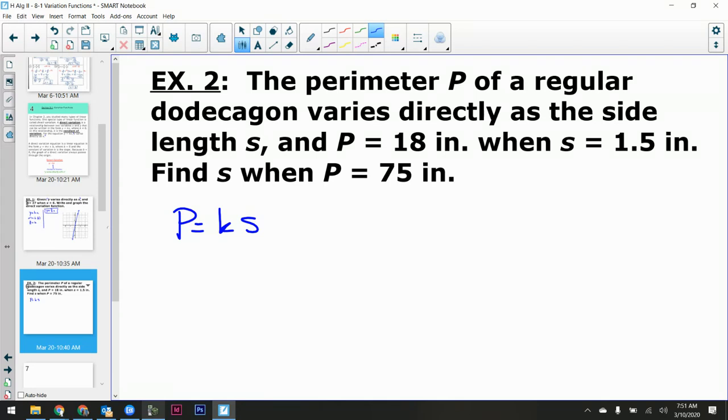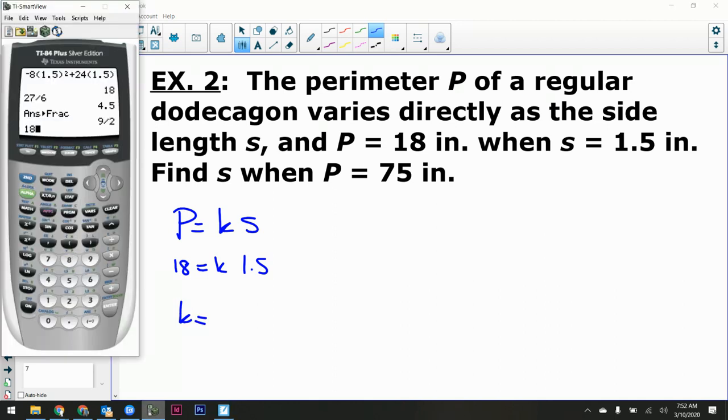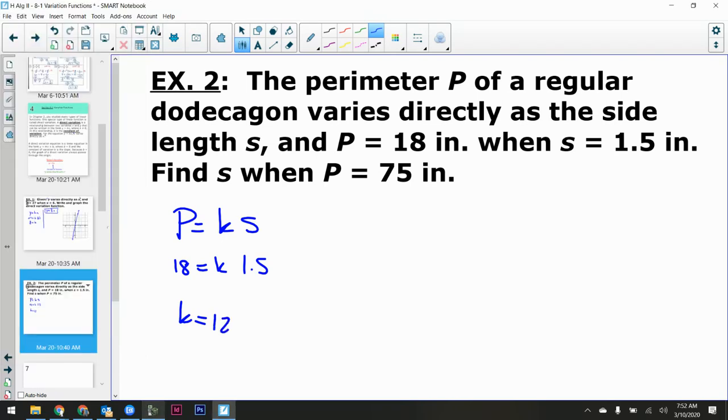The perimeter P varies directly as the side length. P equals kS. Now, if P is 18 and k we don't know, S is 1.5, I divide over the 1.5, and guess what? 18 divided by 1.5 is 12, which makes sense.